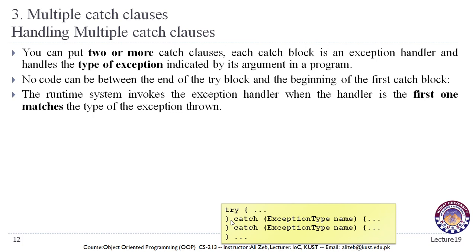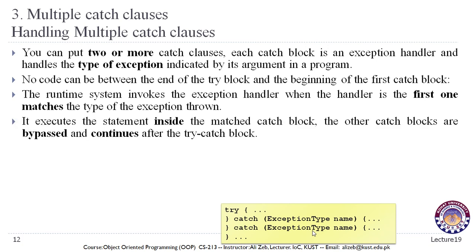Whenever the system encounters the type of exception that has occurred in any of these catch blocks, that exception will be thrown. For example, if the exception is caught in this catch block, this exception will be thrown by the runtime system.